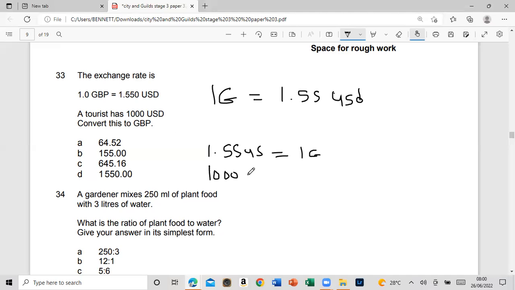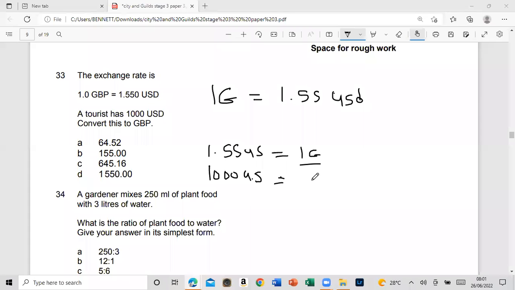So think about it logically. Which has the greater value? Would it be the Great Britain, right? Because 1.55 US makes just 1 Great Britain. You have to divide, right? So you have to divide 1,000 by 1.55.